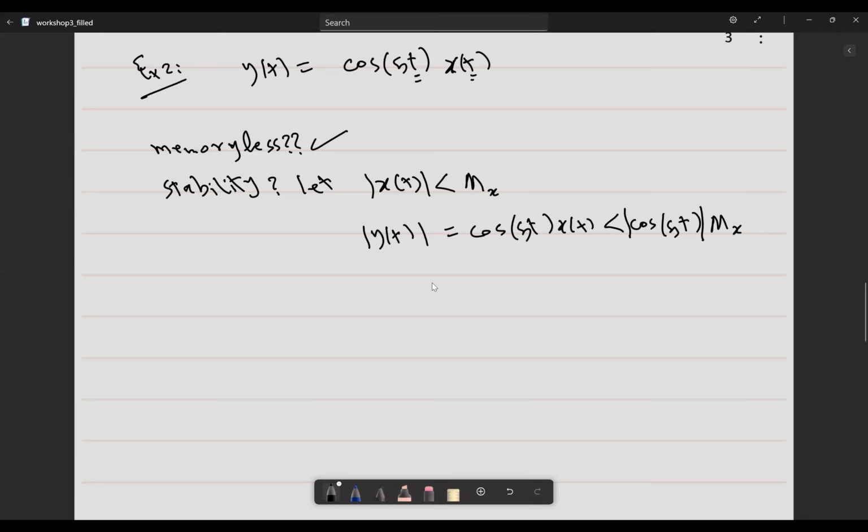What's the upper bound of this function? Cosine. Is it 1? It's 1. Yeah, that's correct. So it's bounded by minus plus 1. So cosine is less than or equal to 1. So yt will be bounded by mx. And this system is stable.